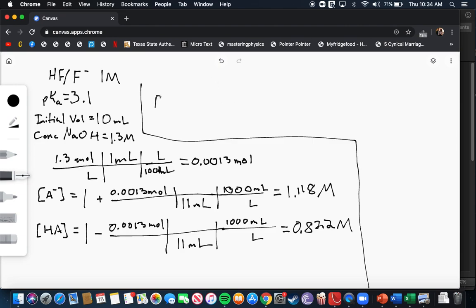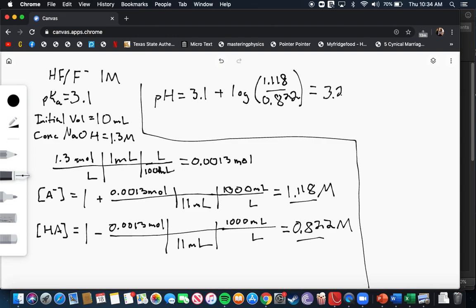So if we recall, pH is the pKa of the buffer, so that's 3.1, plus the log base 10 of what we found here, divided by what we found here, and if we plug that into our calculator, we get a new pH of 3.203.